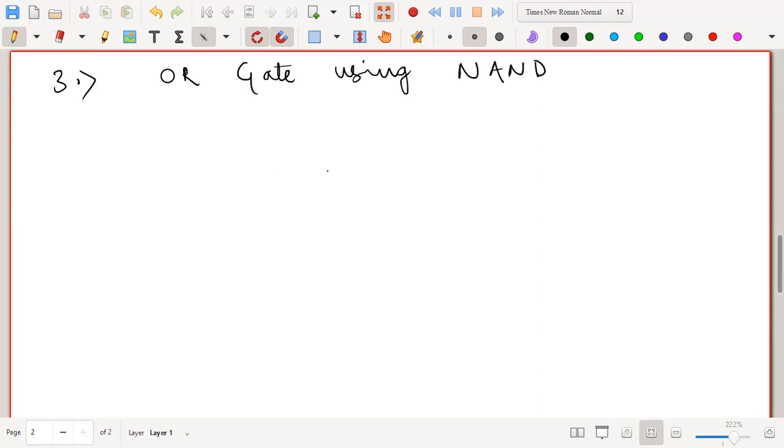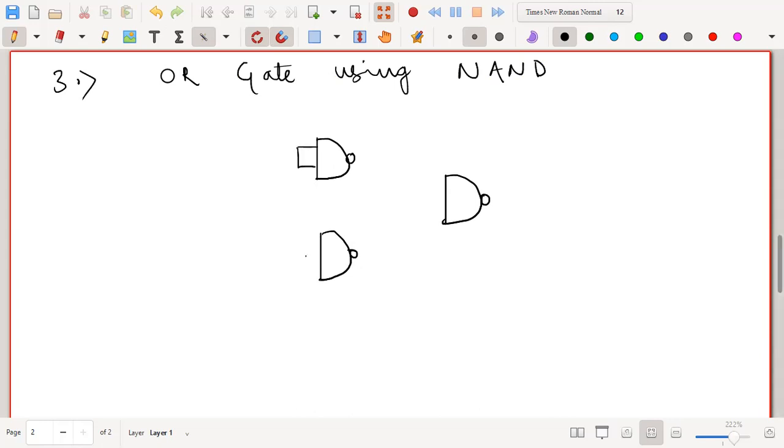Okay, so I will have to have three NAND gates here. Sorry, let me try to do it properly. 1, 2 here, and then these are all NAND gates. There is a bubble at the output.